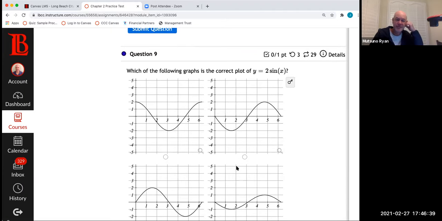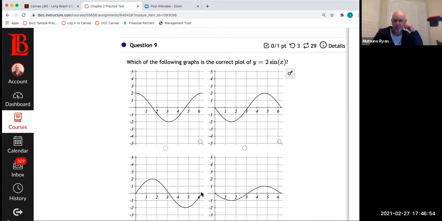Which of the following graphs is the correct plot of y equals 2 times sine of theta? So we have an amplitude of 2 and a regular 2 pi, which is about 6.2-ish. So it looks like all of these graphs are going from 0 to 2 pi. So we're good there. Now, a sine wave starts at 0.